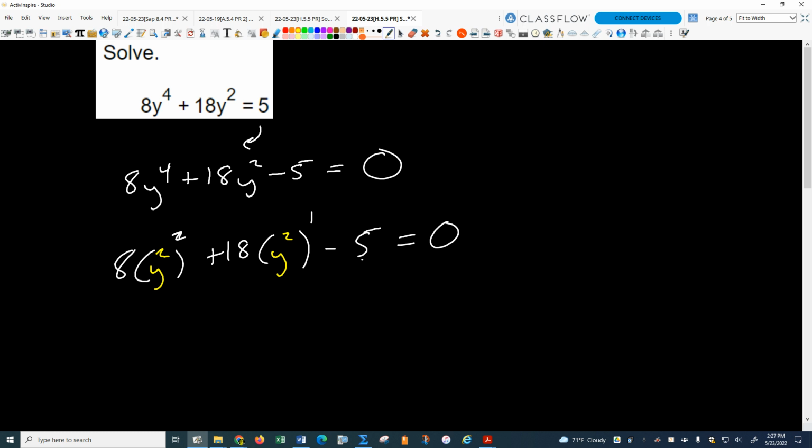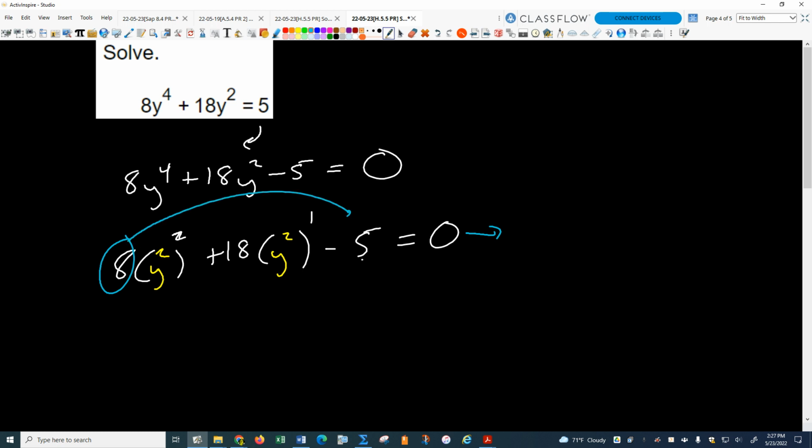All right, so we got to do a little side work here on slip and slide. So what's the first step of slip and slide? Okay, good. I got to multiply a by c. So I'm going to multiply the 8 by the negative 5.